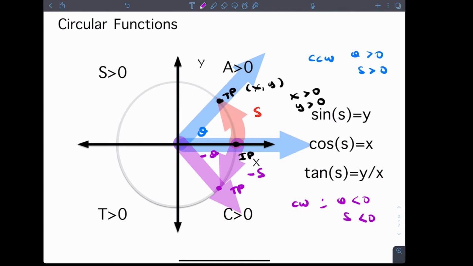It's just an indication of direction. Clockwise direction, so it'll be negative that way. And so you have this X and Y here now.